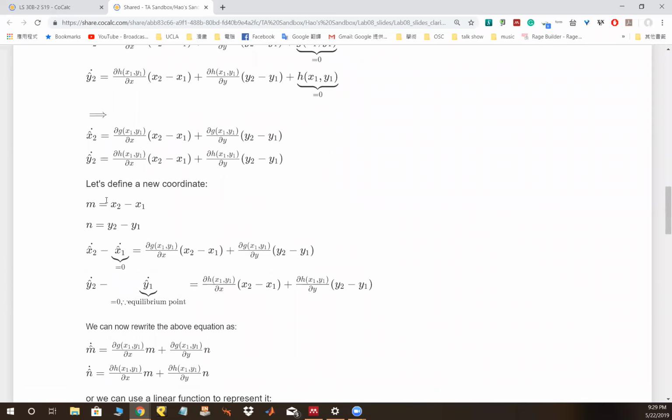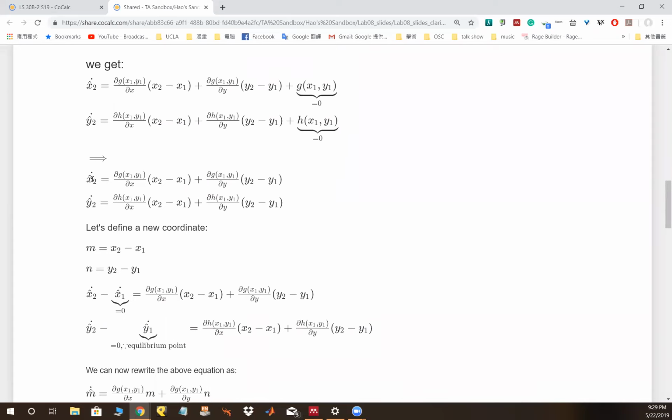The answer is, we could actually change the coordinate to a new coordinate. Let's just define a new variable called m, which is equal to x2 subtract x1. Here we replace one thing: we only use x2 as a state variable. x1 is an equilibrium point, so it's a known point, a fixed value.